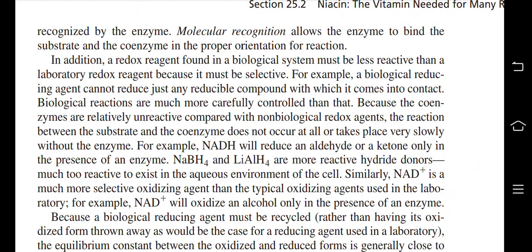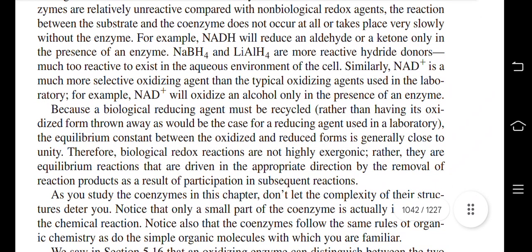For example, NAD positive will oxidize an alcohol only in the presence of an enzyme, because a biological reducing agent must be recycled rather than having its oxidized form thrown away, as would be the case for a reducing agent used in the laboratory.